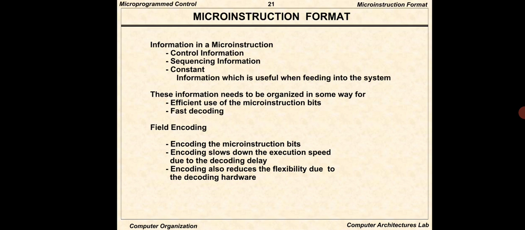The field encoding of micro instruction bits slows down the execution speed due to decoding delay. Whenever we go with encoding, we reduce the speed of operation, because there will be a delay in execution from decoding.